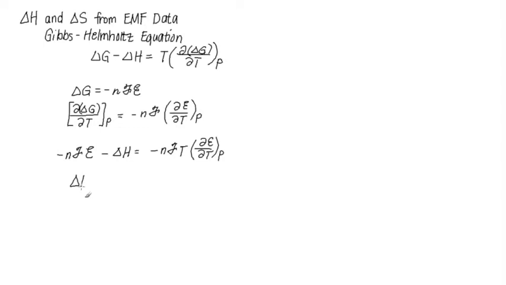And if we isolate delta H and cancel out all the negative signs, we have delta H equals NF times the quantity temperature times the partial differential of your electromotive force with respect to temperature at constant pressure, minus the electromotive force.